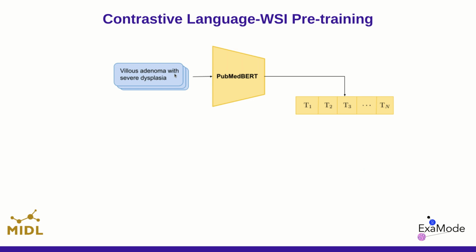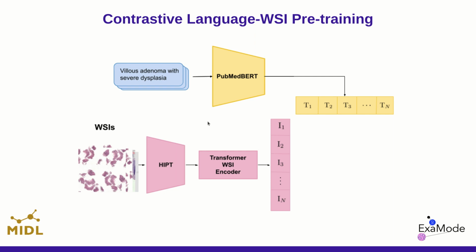For extracting the embeddings of the diagnostic reports, we use PubMedBERT, and for the whole slide image, we extract 4K by 4K regions using that hierarchical pyramid transformer. So we extract the region embeddings and pool them together by using an additional transformer model to obtain one single embedding for the whole slide image.